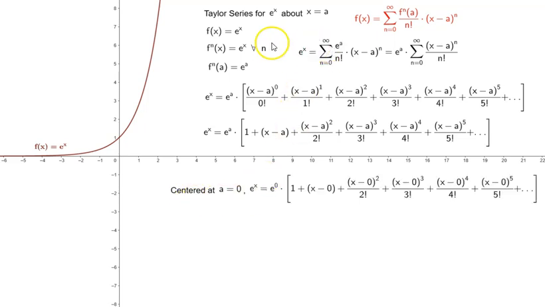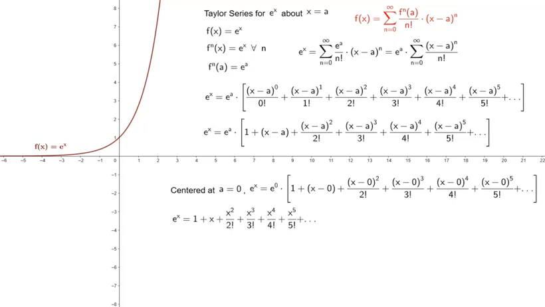If instead of being centered at a, we want it to be centered at a equal to 0, then e to the power of x is equal to e to the power of 0 times 1 plus (x minus 0) plus (x minus 0) squared by 2 factorial and so on.